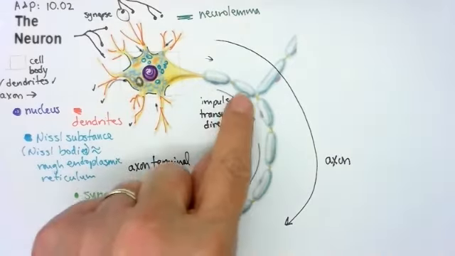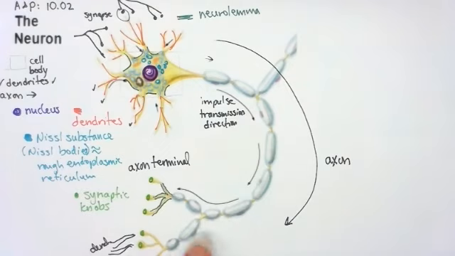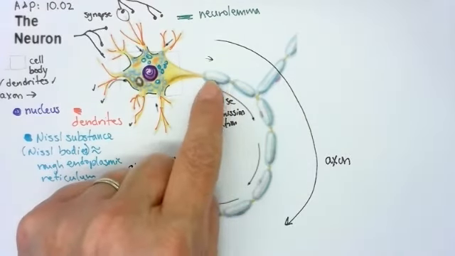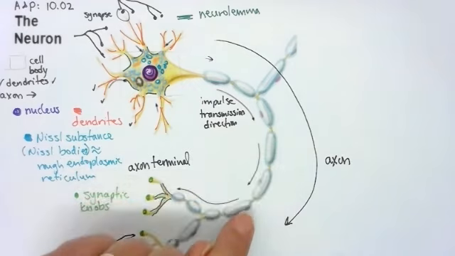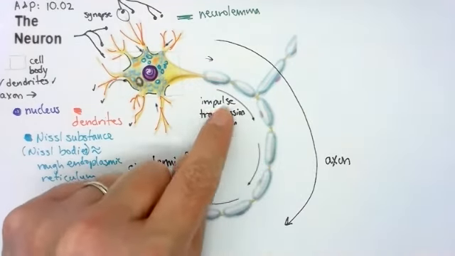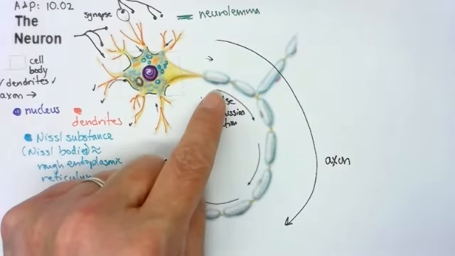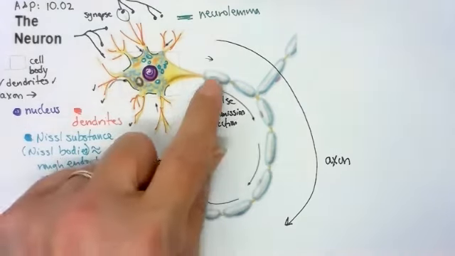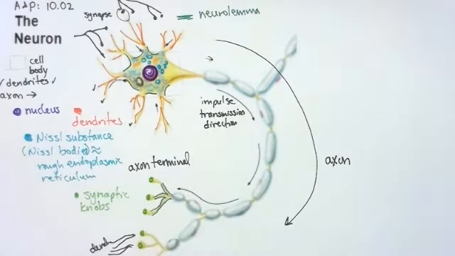Okay, so what's going on with these? What are these guys? Well, we have basically fat cells. So each one of these represents a fat cell. And what happens in a lot of neurons, now not every neuron has these fat cells, but each of these fat cells has a name. They're called Schwann cells.